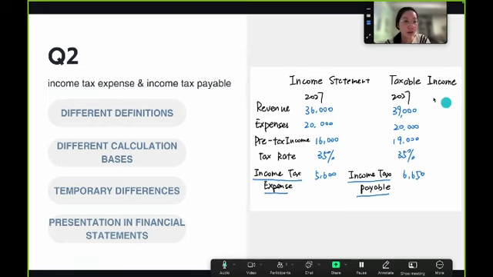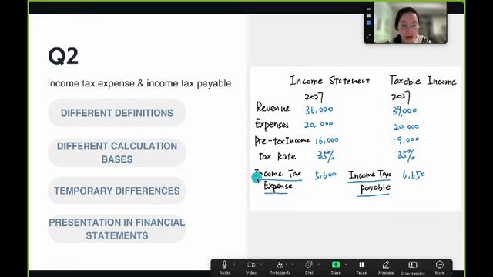So the actual payment will be 39,000, which is calculated for the taxable income. But due to the accrual basis, it will be counted for 12 times in the accounting statement, so it is going to be 36,000. So there will be a temporary difference due to these two results.